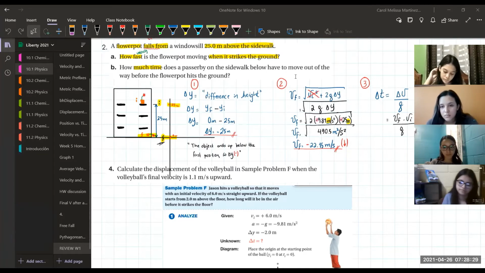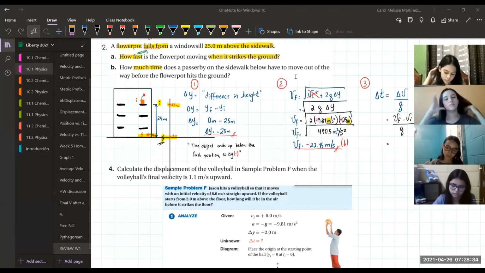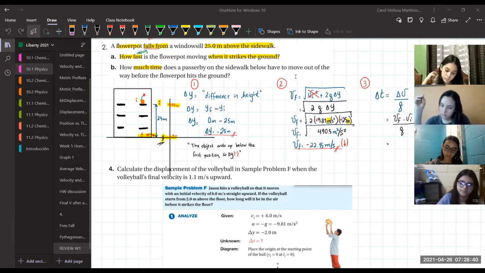Take a look, I'm writing the definition of the formula, and then I plug in the givens. The final velocity gave me negative 22.15 meters per second, minus, this minus is from the formula, and the initial velocity, that is 0. You can totally ignore it. If you ignore it, you don't need to put the negative symbol over there.